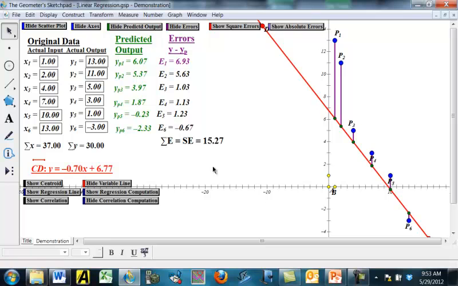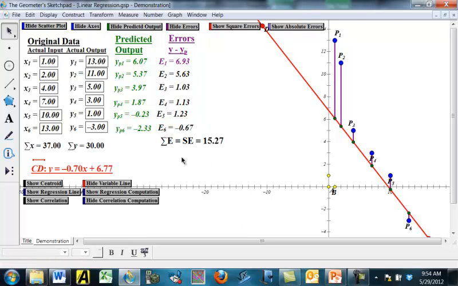Okay, the errors are the y actual minus the y predicted. So we take the 13 minus the 6.07 to get an error for the first one of 6.93. So the actual value is above the predicted value by 6.93. This last one has an error that's below.